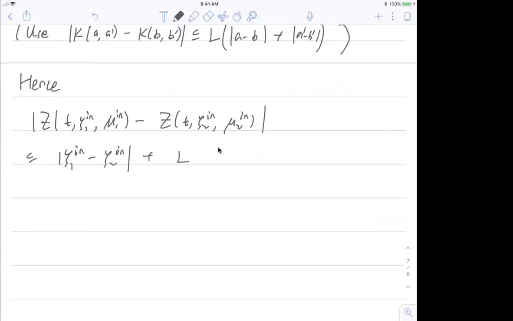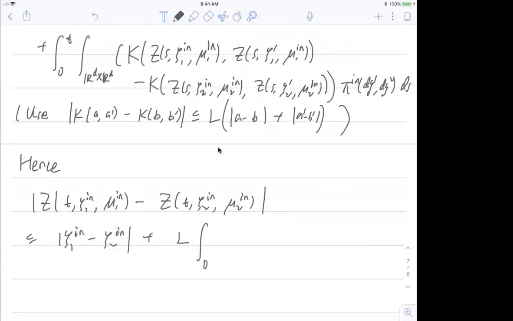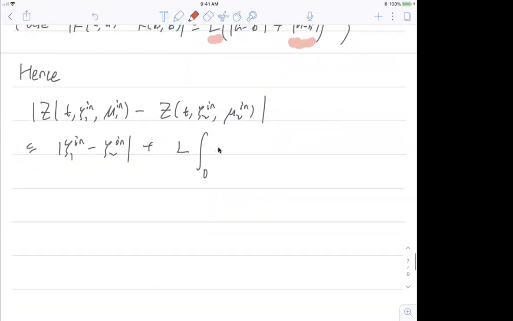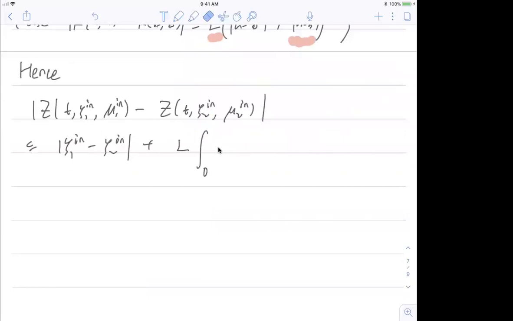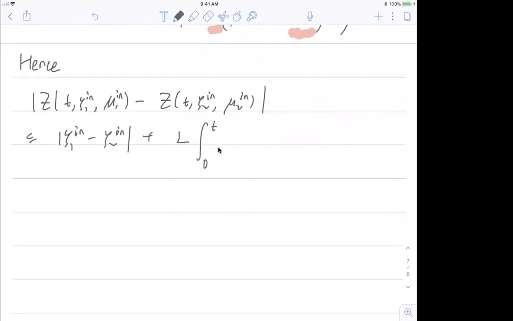So L. We take the difference of this term and there's an L here, and also this term gives the second term. There's an L factor there. So you can check this by yourself.